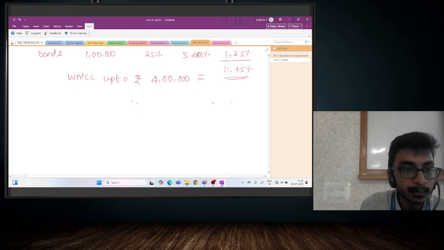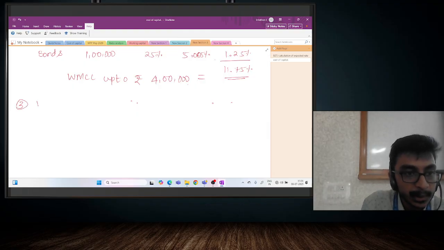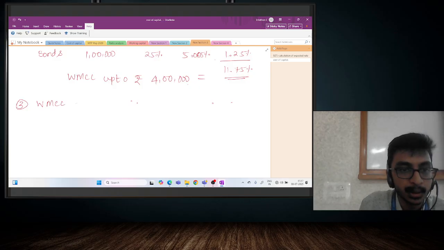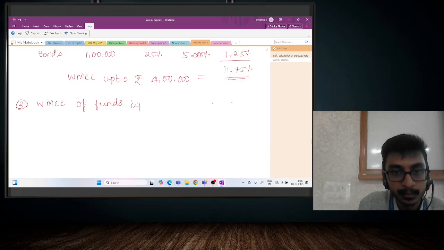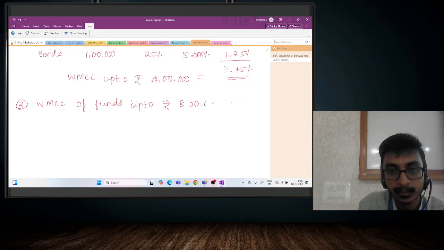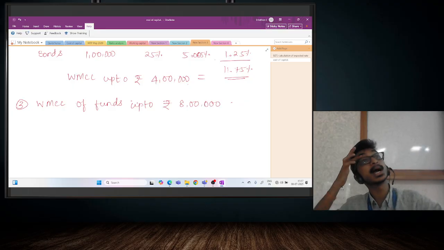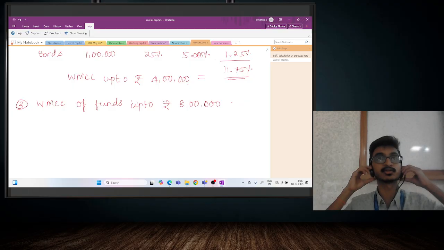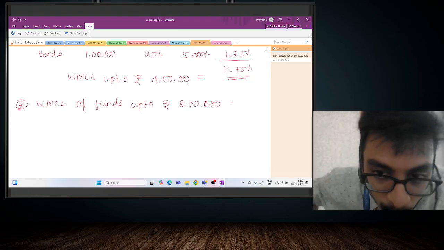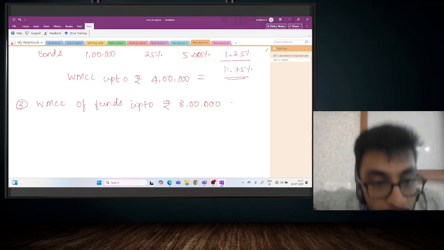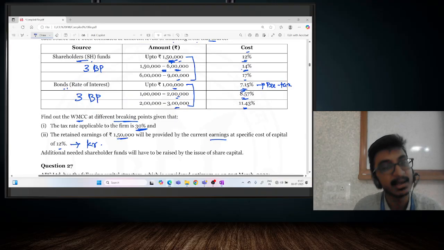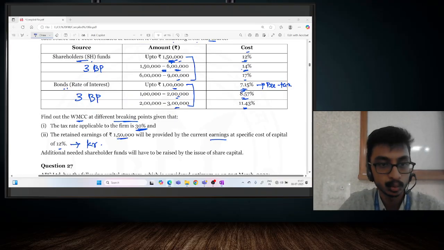Similarly, calculate the weighted marginal cost of capital of funds up to rupees 8 lakh. So 8 lakh and 12 lakh, you calculate and tell me the cost of capital for both. Or else for 8 lakh I will do, and for 12 lakh alone you do.